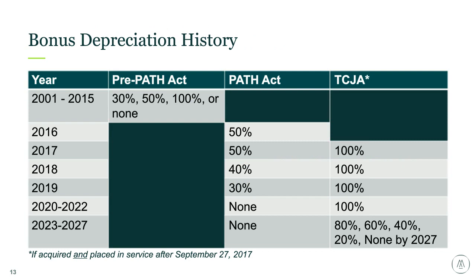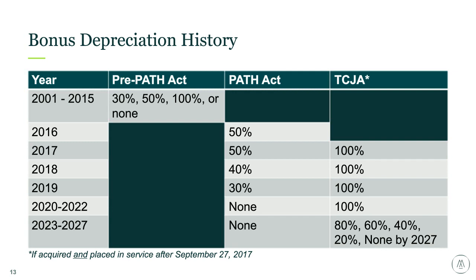So let's talk a little bit about the history behind bonus depreciation. It was first introduced in 2001, and over a 15-year time period, there were varying levels of bonus depreciation: 30%, 50%, 100%, or maybe even none at all.